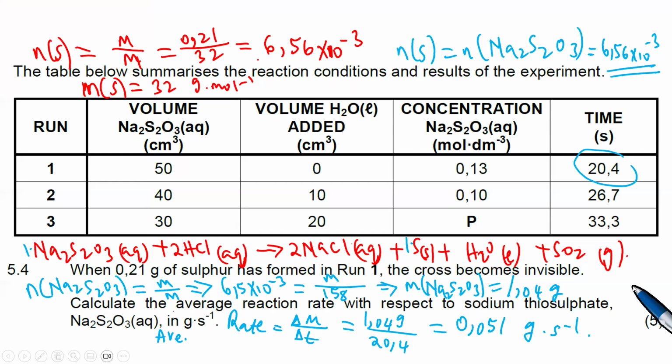So it means that we can find the mass, and the average rate, excuse me, is 0.051 grams per second. Okay, so you have exactly that one there. But yeah, you can write a 0, that.